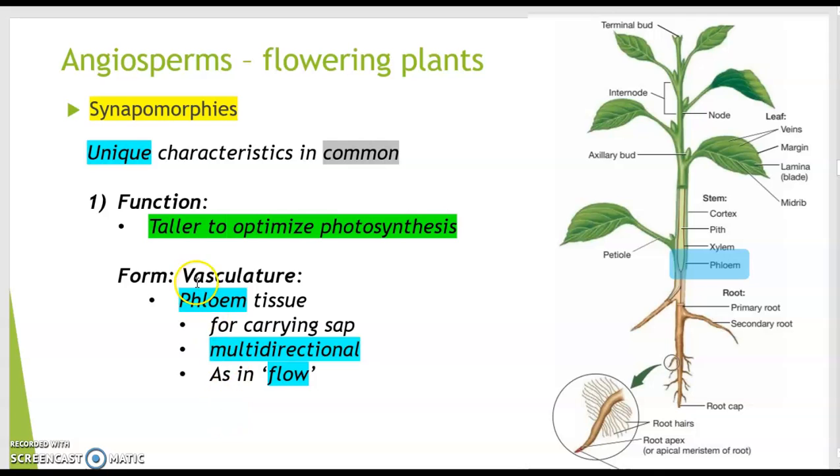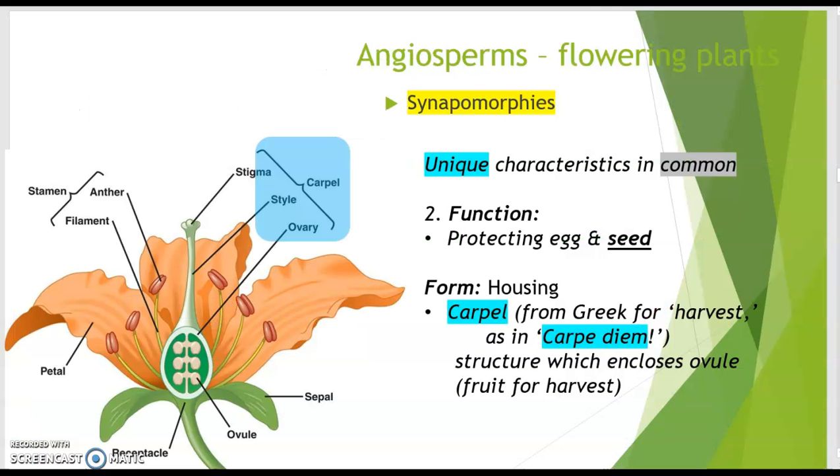How are you going to remember that phloem tissue? That is the number one characteristic in common for these flowering angiosperms. You're going to remember that because phloem is like flow, and in fact, it's taken from the Greek for that. So this phloem tissue that you will learn about in the vasculature up and down the plant is your number one thing they have in common.